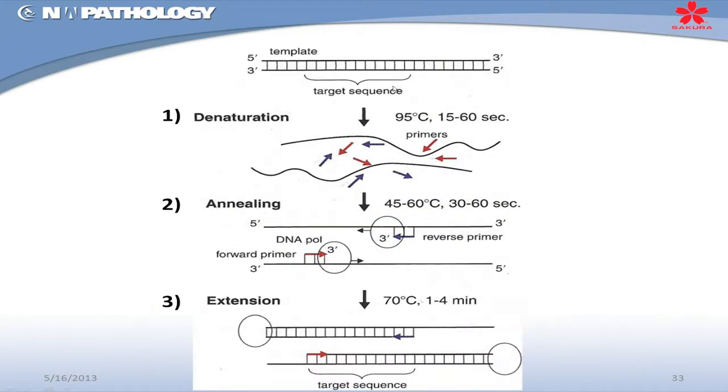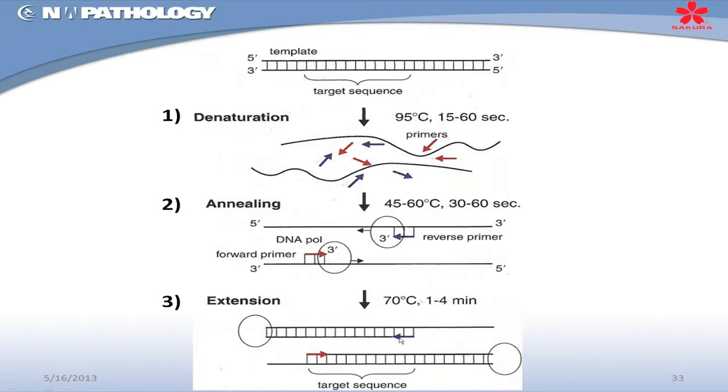So to look at those steps again, we start with the template, which is double-stranded. We denature it at high temperature, where the two strands fall apart. And then the various primers are in the mixture. We decrease the reaction mixture to a lower temperature at which the primers are able to bind to their targets.